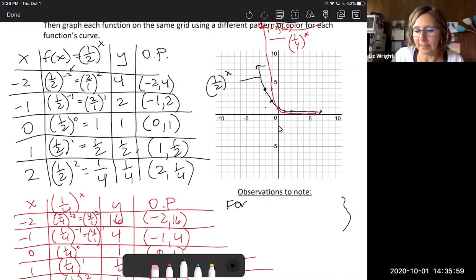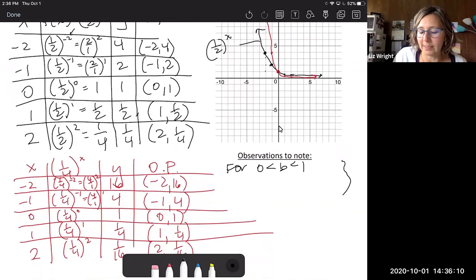So that just means it's going to be a positive fraction in there. So first of all, guess what? The graphs still intersect at what? 0, 1. Graphs intersect at 0, 1.